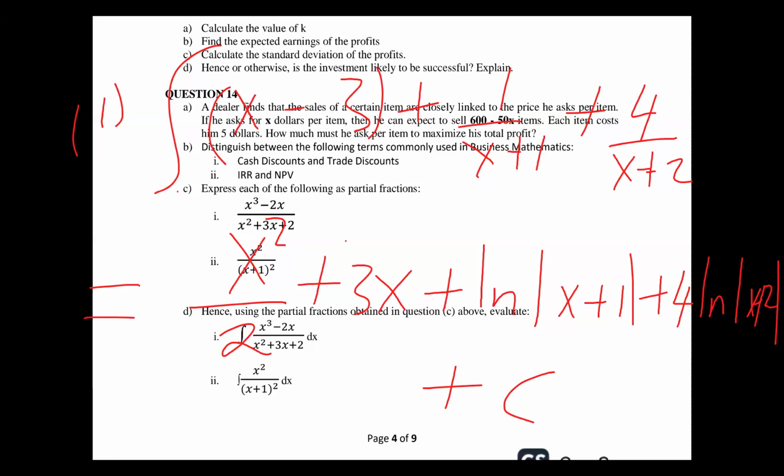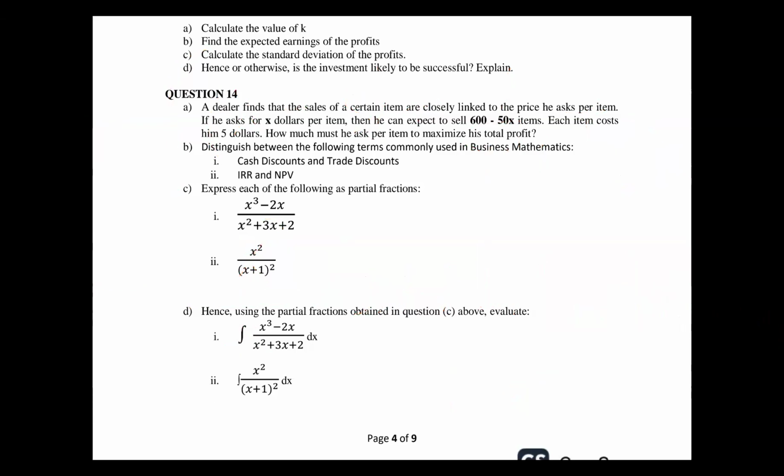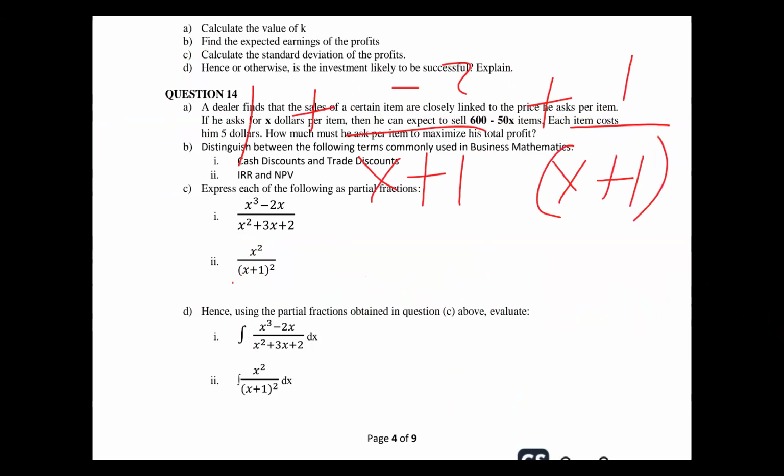This is how it is. Then part 2. The answer we found was 1 plus negative 2 over (x + 1) plus 1 over (x + 1) squared. If you are to integrate this, you could easily integrate it.